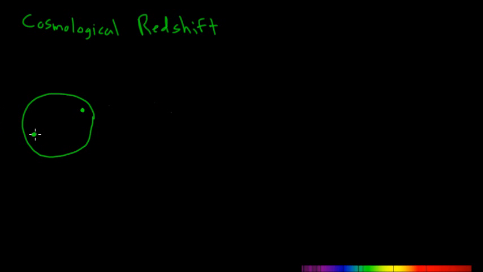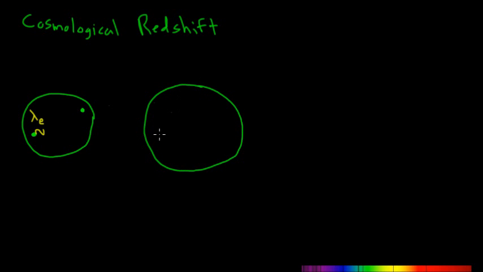So this source is going to emit some light, and that light is going to have a certain wavelength. So we're going to call that wavelength lambda e, the wavelength of the light when it was emitted. Now, as we wait, this beam of light is going to propagate across our universe, but as this light propagates, the universe is actually going to expand.